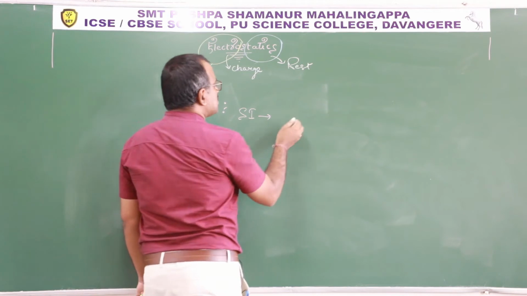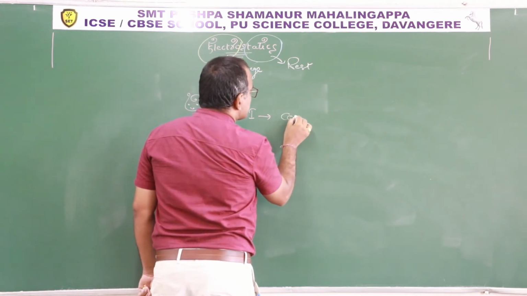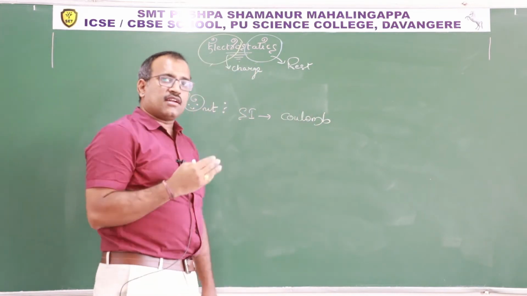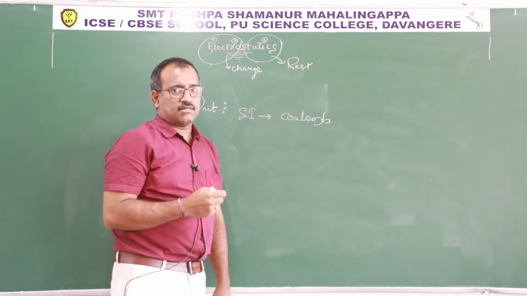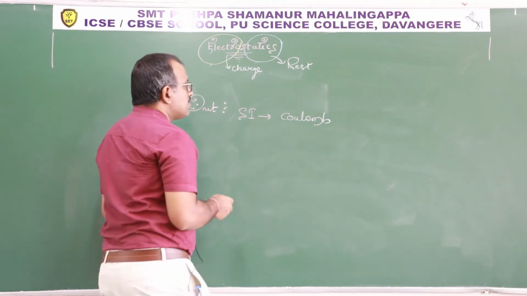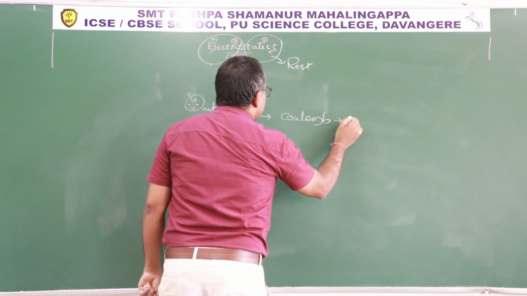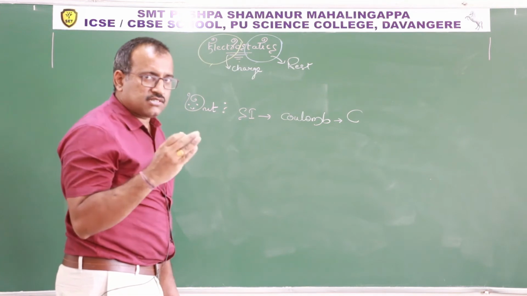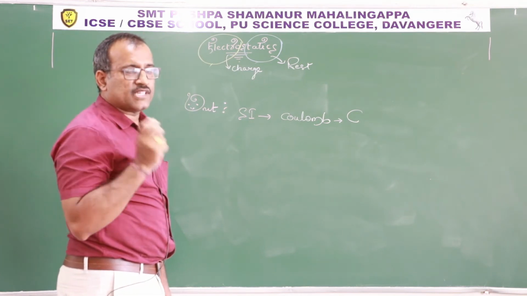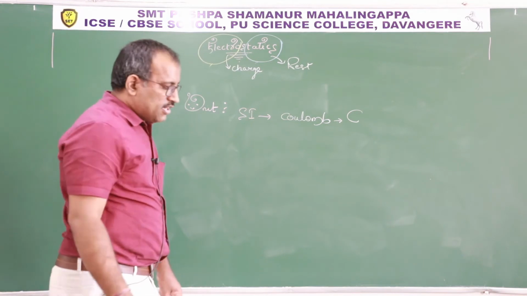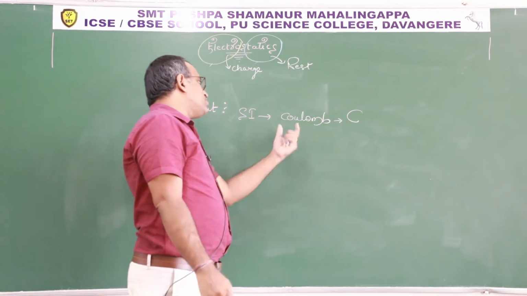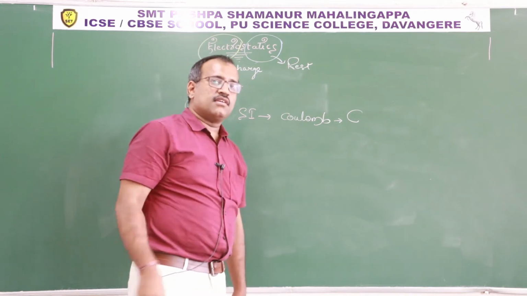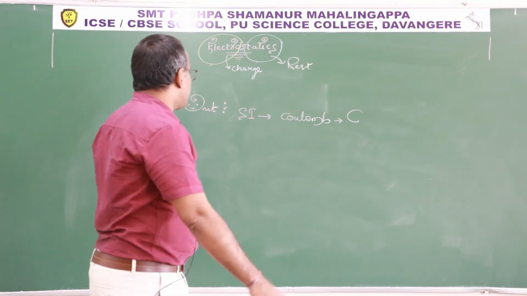This SI unit is Coulomb, named after Charles Augustin Coulomb, represented by the symbol capital C. Mind it, it's capital C. That is the symbol, not the unit. So whenever in an exam they ask for the unit, you should write the full name. Clear? Like meter, that is the unit. M is the symbol.